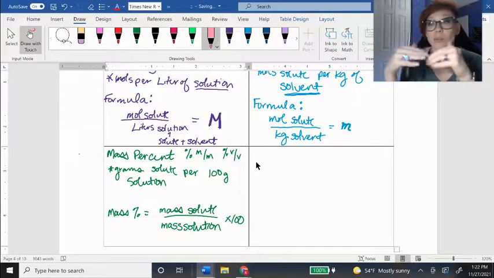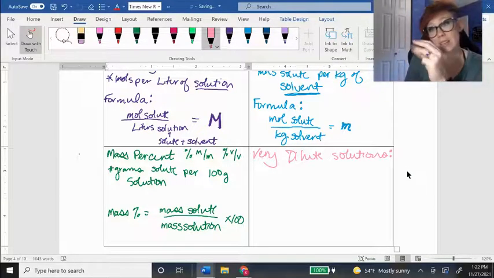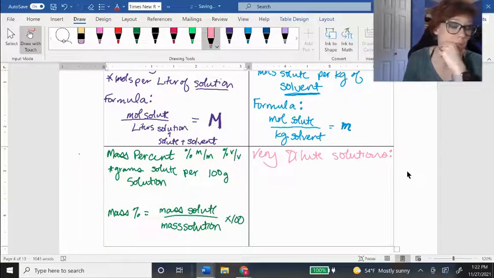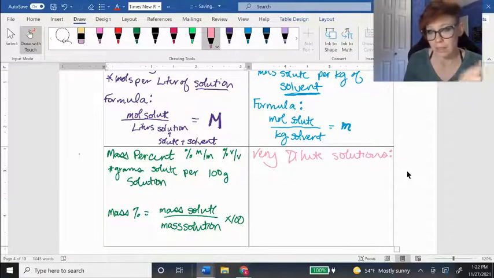So for very dilute solutions, you can have 3 different types. You have parts per million, parts per billion, and then sometimes parts per trillion, depending on how dilute you are. Parts per million is going to be a little bit more concentrated than parts per billion, and then parts per trillion would be very, very tiny amounts.